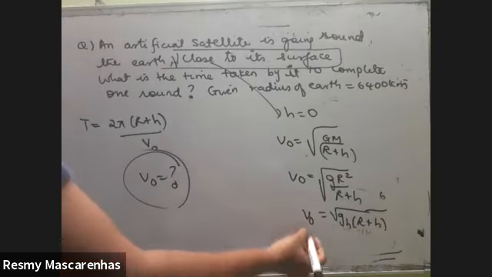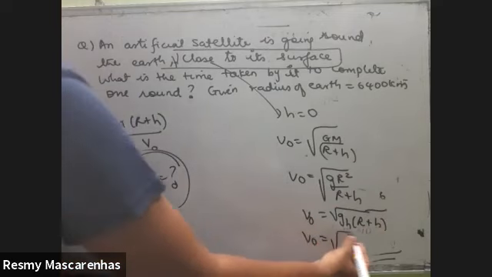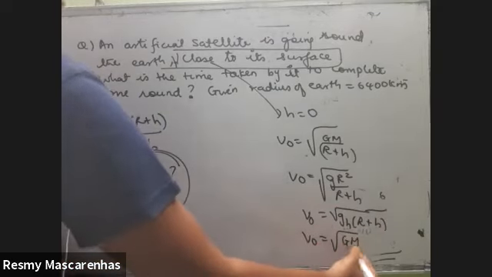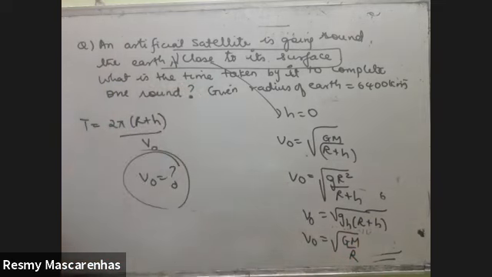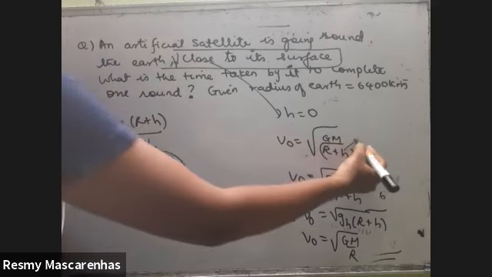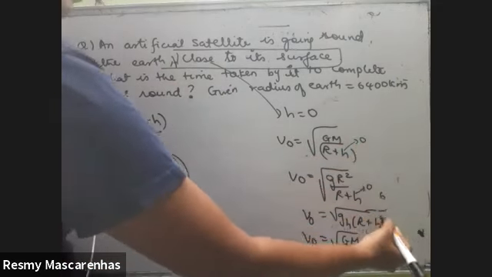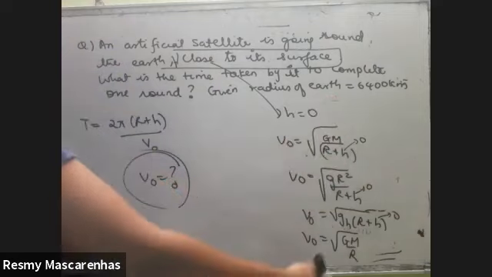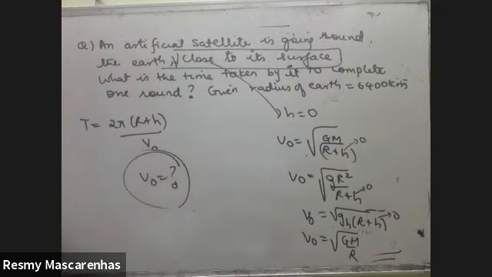And then when h was 0, the special case, we had seen that root of gm upon r. Now out of this, everywhere, h will be 0, whichever formula we take. The problem is which formula to take to calculate your orbital velocity. What has been given? Only radius of the Earth has been given.